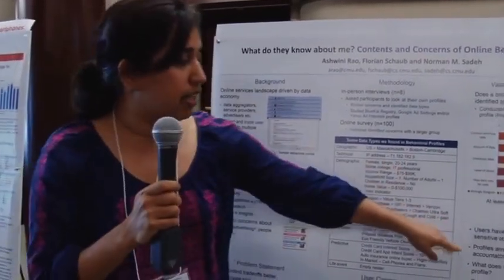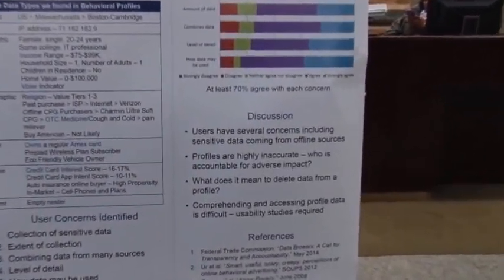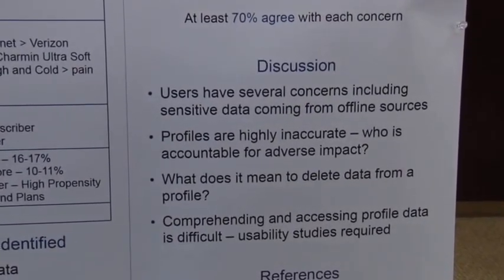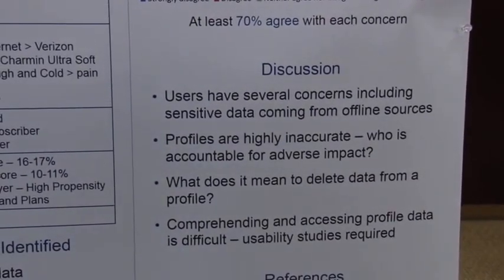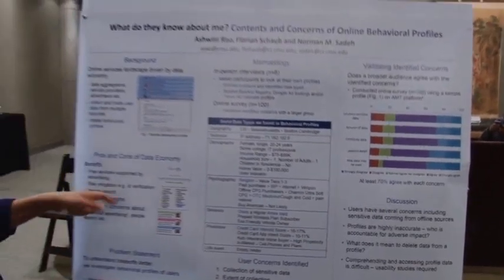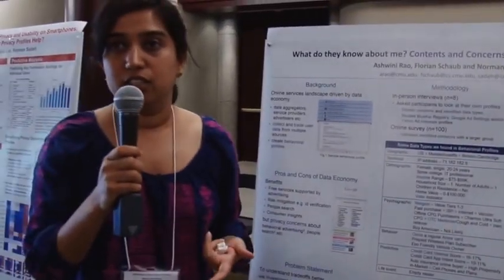Then the other interesting thing we found is that there are a lot of inaccuracies in these profiles. Some of these profiles are about 80% inaccurate. So we know that this data is being used to make decisions about users, right? For example, identity verification.